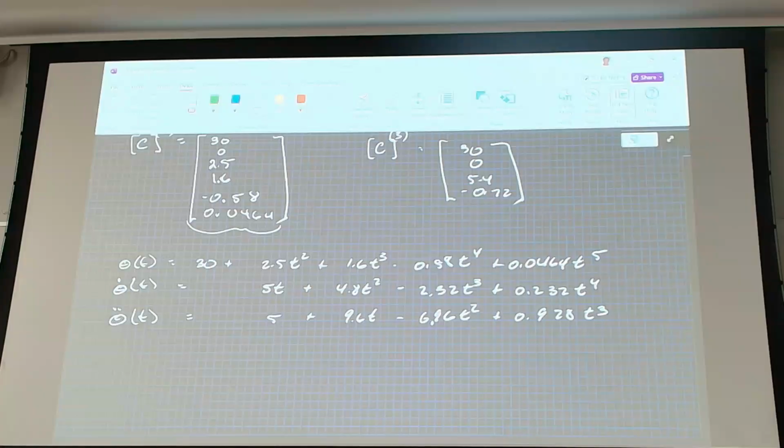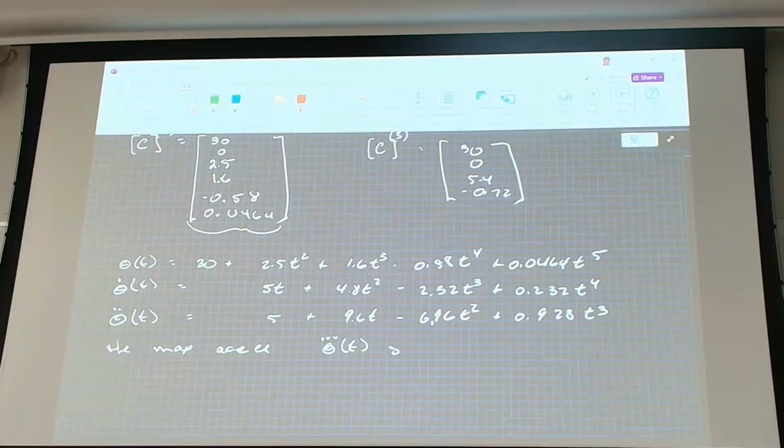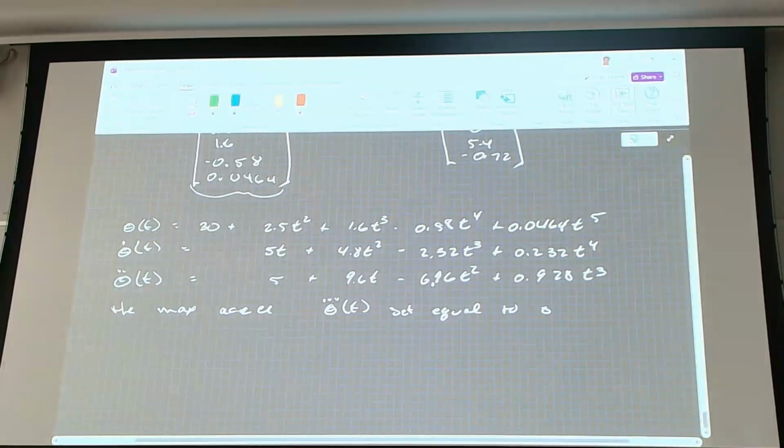So if we want to know the max acceleration, it's finding the third derivative of theta set equal to 0. So we can find the third derivative right there.